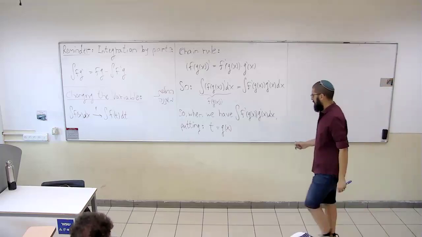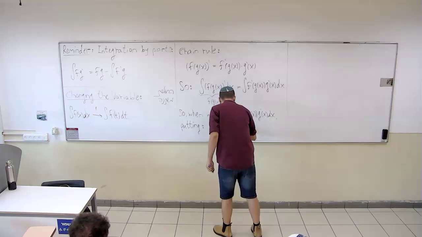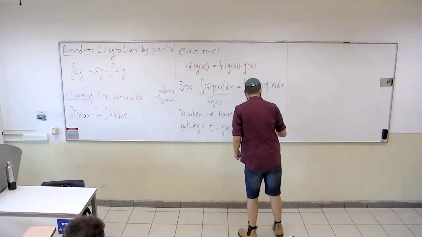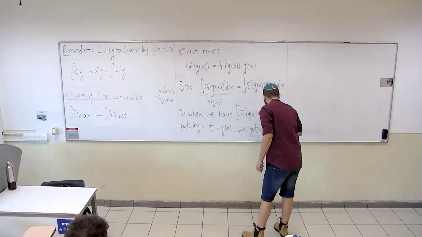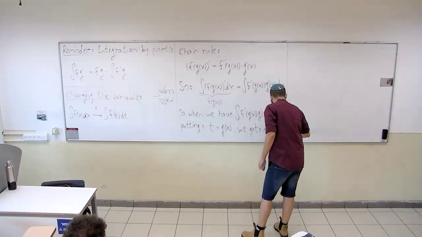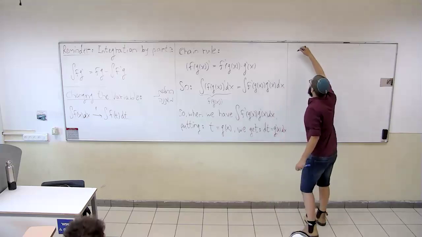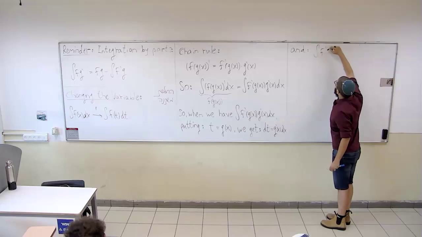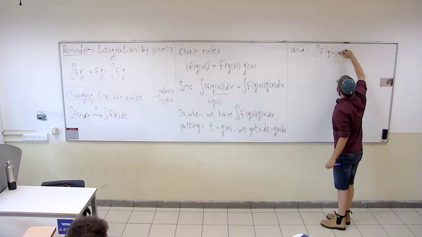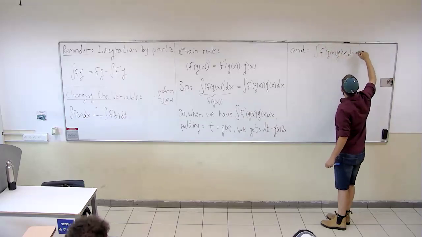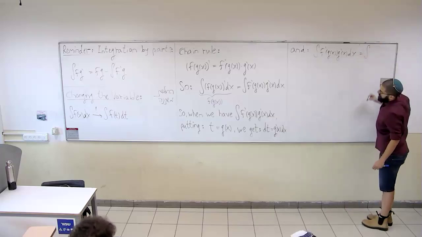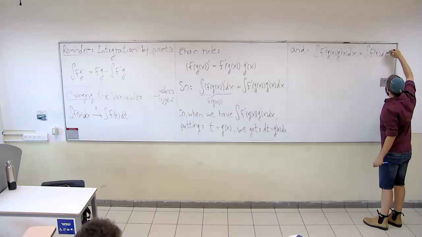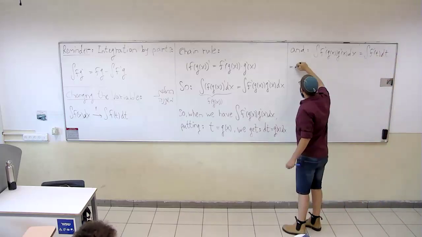Putting t equal to g(x), we get that dt is g'(x) dx, and then the integral of f'(g(x)) g'(x) becomes the integral of f'(t) dt, which is f(t).